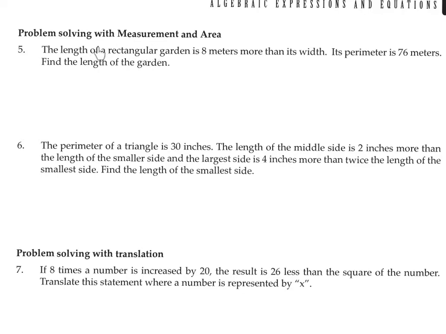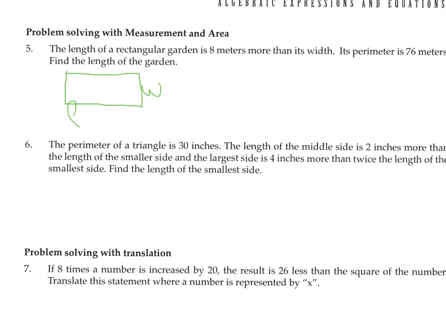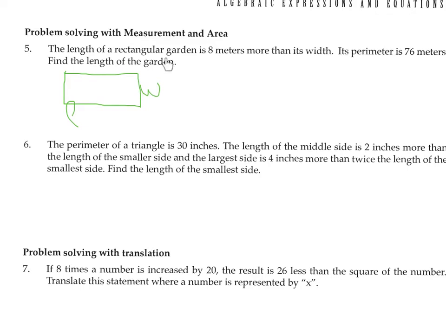Okay, we're talking about a rectangle here. So this is where a picture is helpful. Rectangles have length and width, and I always use L and W so that I know which dimension I'm talking about instead of X and Y or something generic like that. The length of a rectangular garden is 8 meters more than its width.